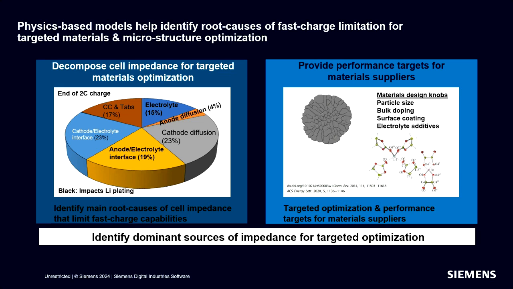Physics-based electrochemical models can greatly assist in this effort by identifying the dominant sources of impedance in the cell. And physics-based models therefore provide the first step for an efficient and targeted materials optimization process. And here we're decomposing the cell impedance for a targeted materials optimization study.